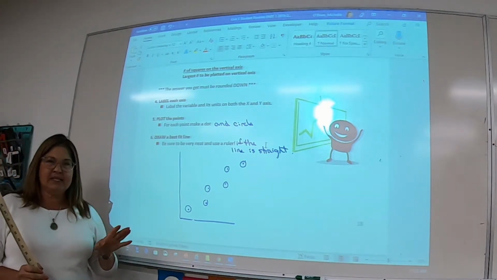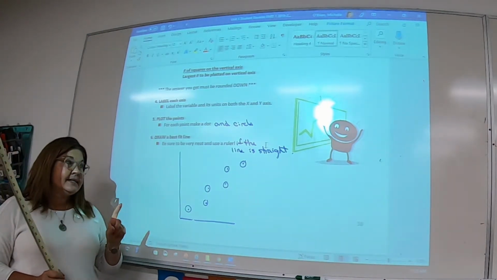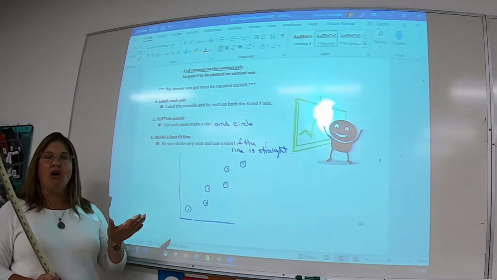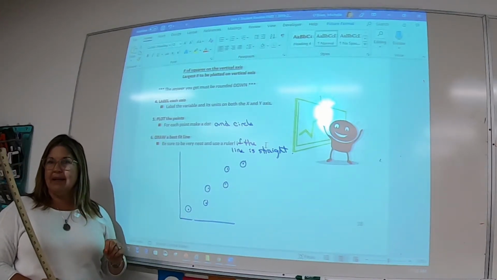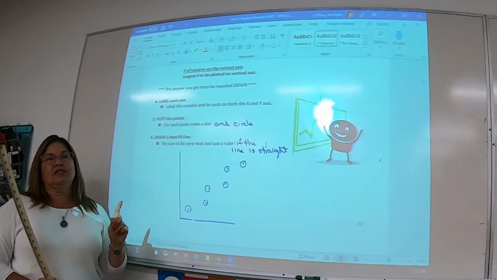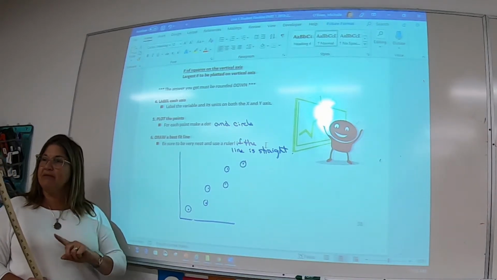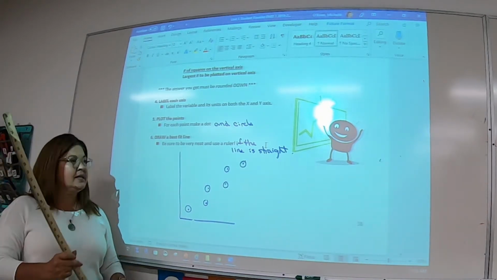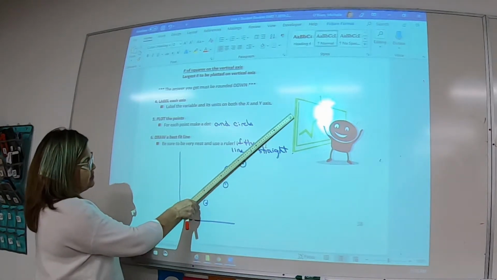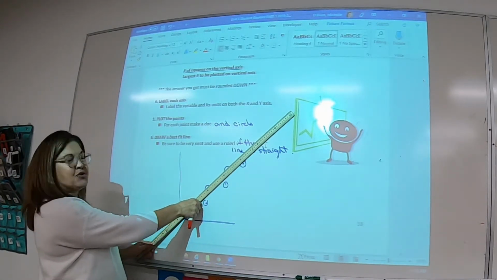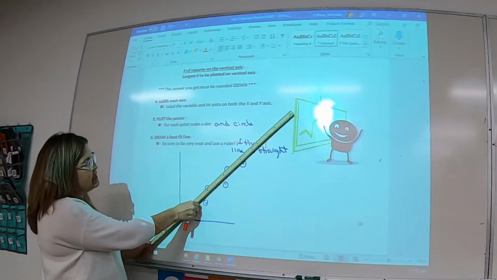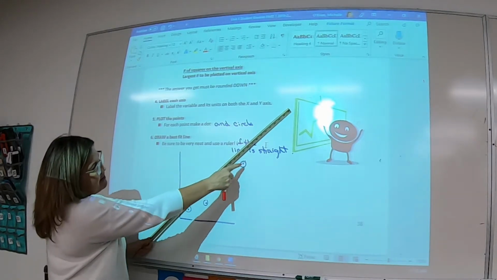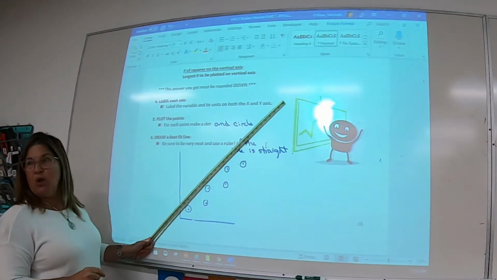When I do my best fit line, the idea is to put as many points on my line as possible, and then to try to get as many points above and below the line, okay? So I couldn't just do one up like this, because I'd have 3 points on the line. That looks good. But then all of my other points would be below my line.